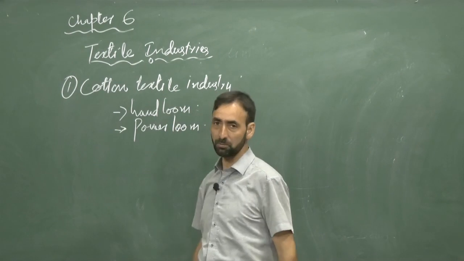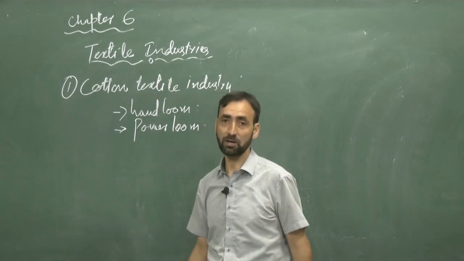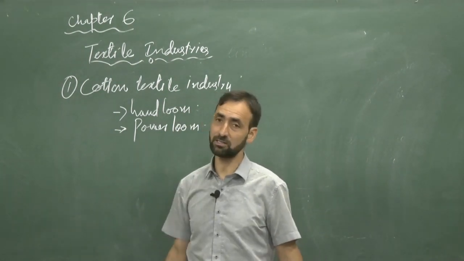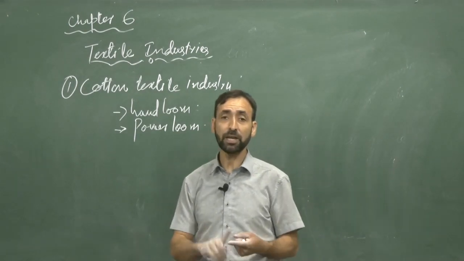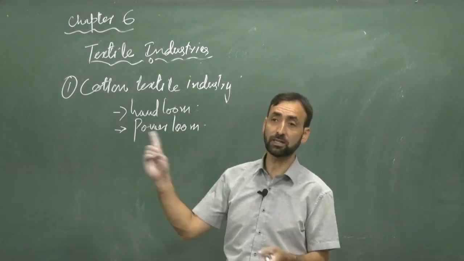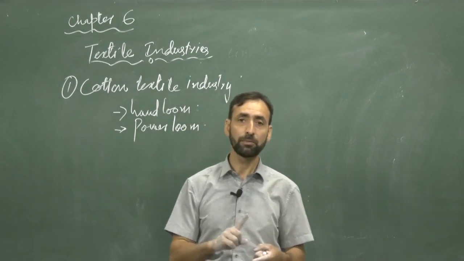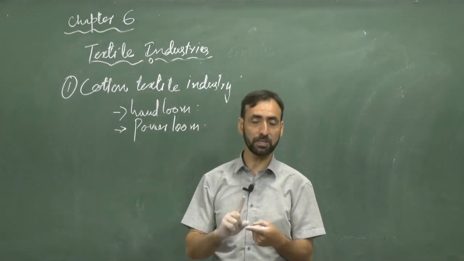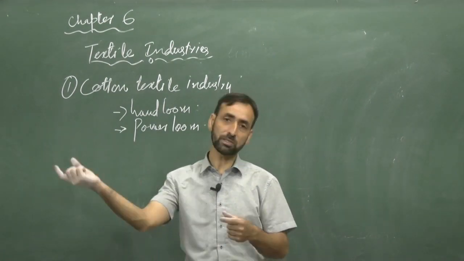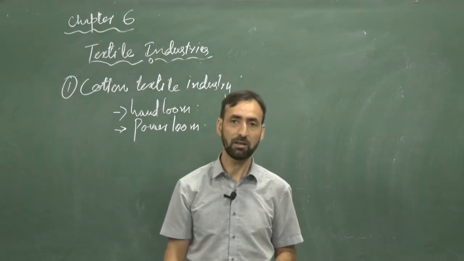But here is one problem for cotton textile industries in India. India exports this yarn to other countries, particularly Japan. Japan makes cloth from this yarn and imports the same cloth to India at high rates.